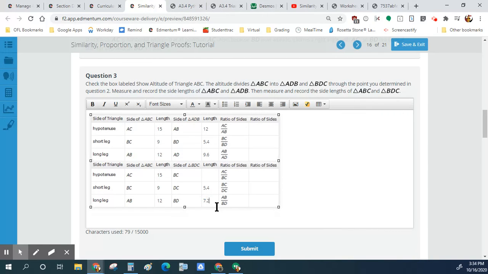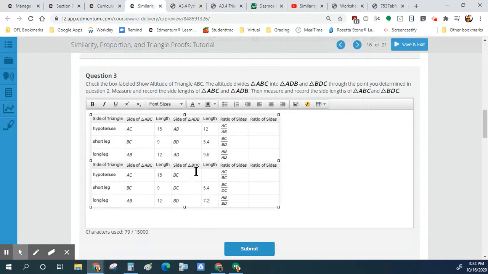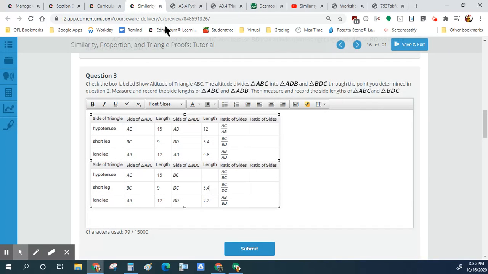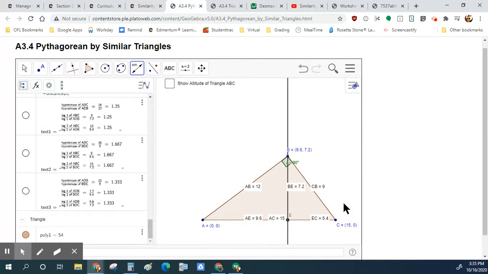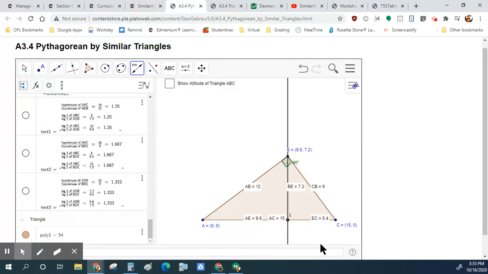I don't know what I did here. 7.2. BC. Oh, I see. I accidentally thought it was the same one. Okay. So CE is 5.4. For BE, BE is 7.2. Okay. And BC is 9.